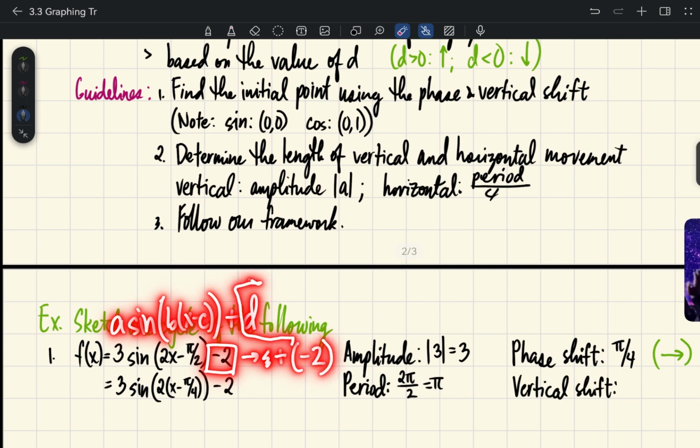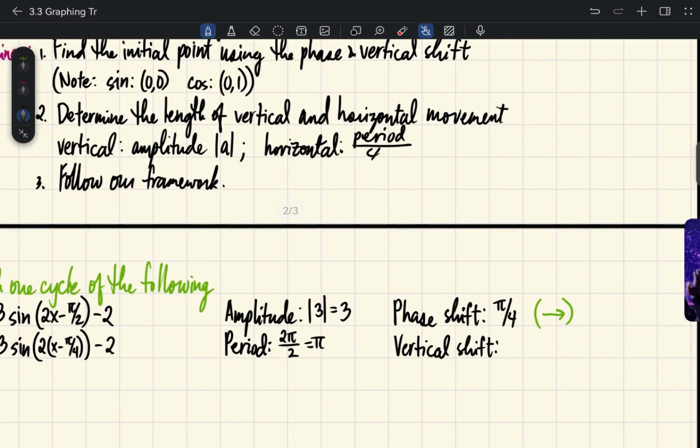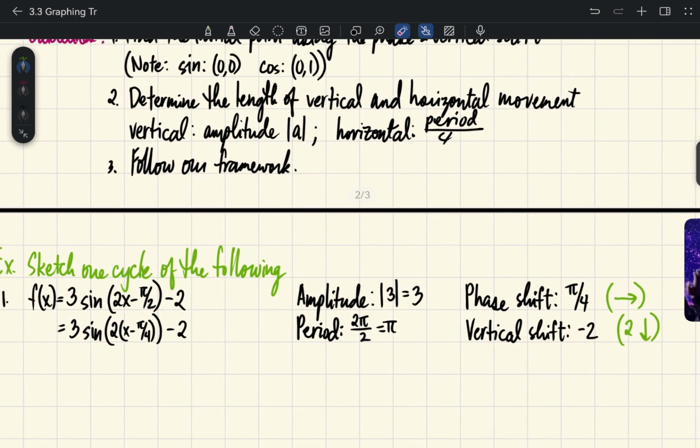So your D would be negative 2. Since this is a negative number, we will move 2 units downwards, because we have a negative vertical shift.